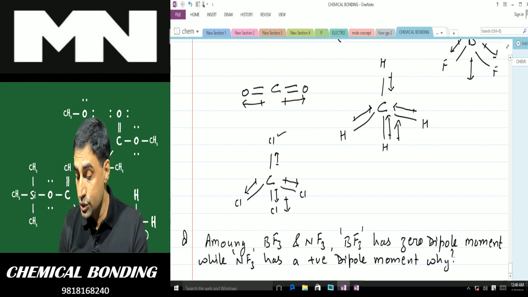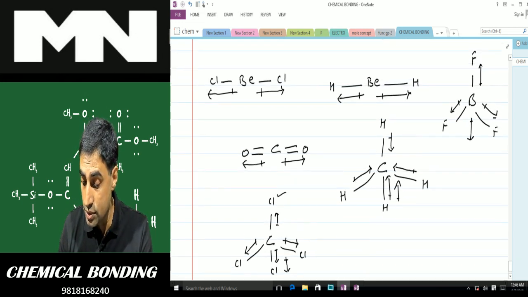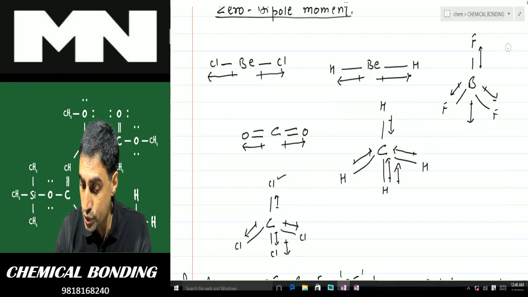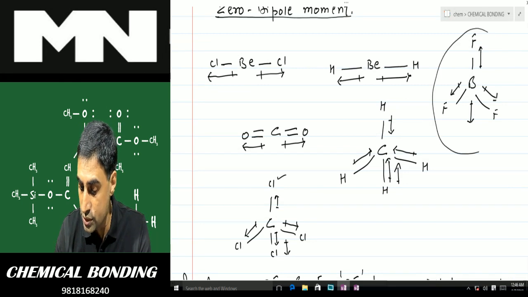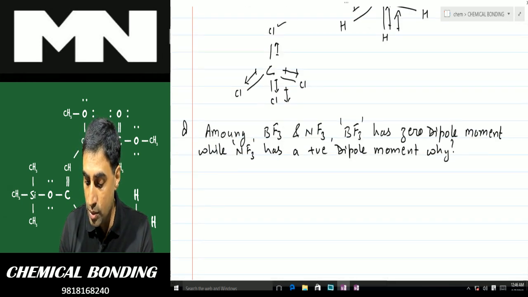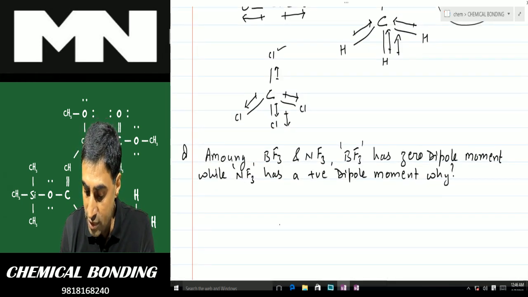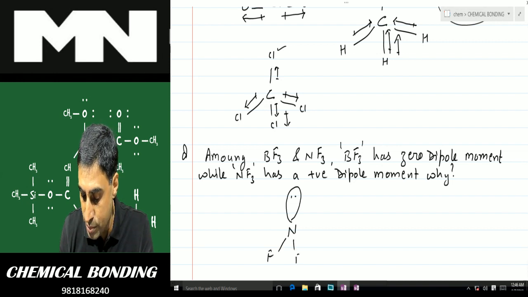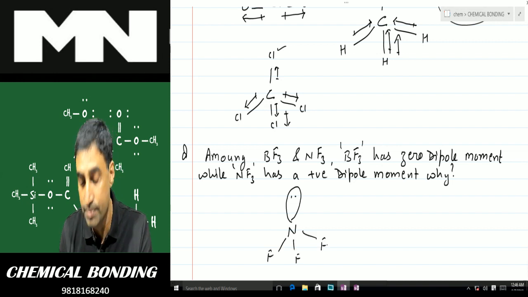Well, students, when this question is asked to you, you can draw a structure of BF3, which I have shown you here. You can draw this structure, and you can show that it has got a zero dipole moment. Now, what about NF3? Let us have a look at NF3 molecule. NF3 molecule is like this, where you have a lone pair of electrons, and these are the three NF bonds. It is pyramidal in symmetry.